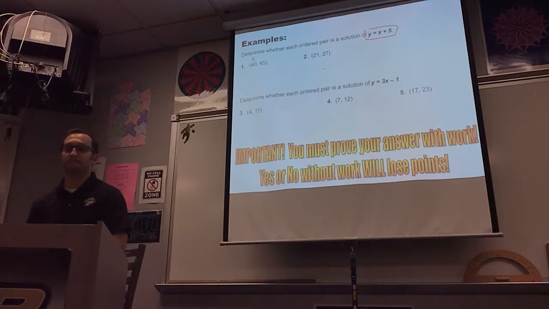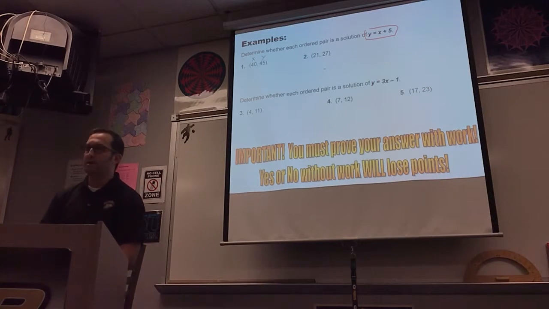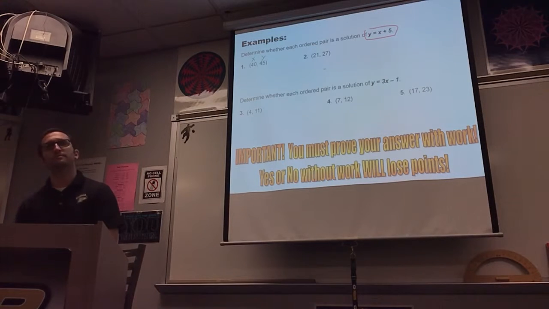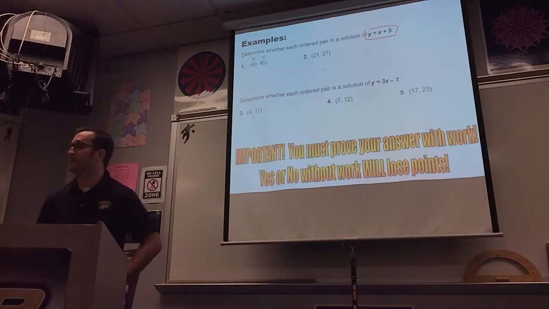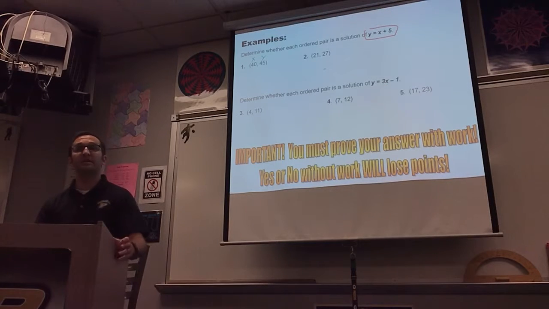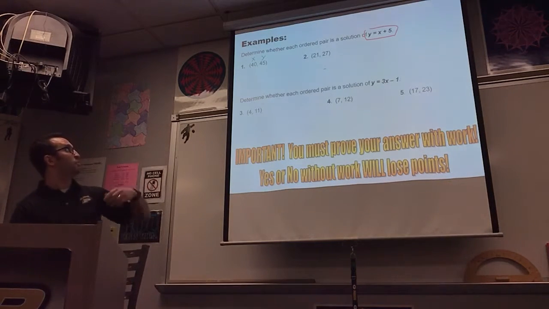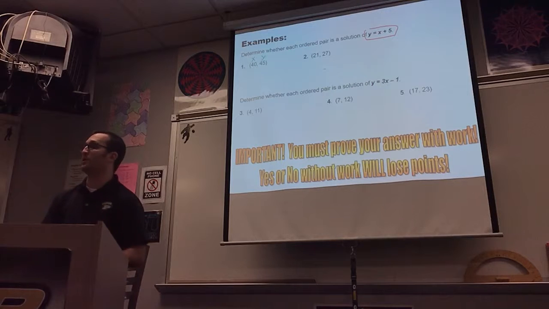What's my y? 45. You guys remember what it means to substitute? When I had a substitute last week, what happened? To replace. So what is x for this point? 40. What is y for this point?